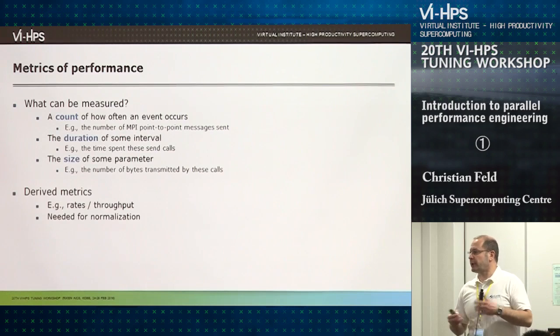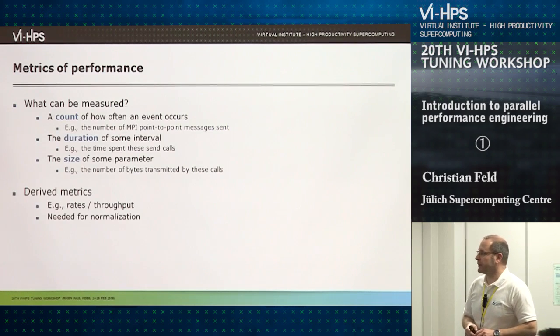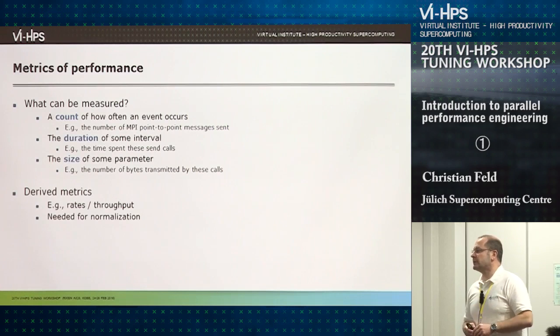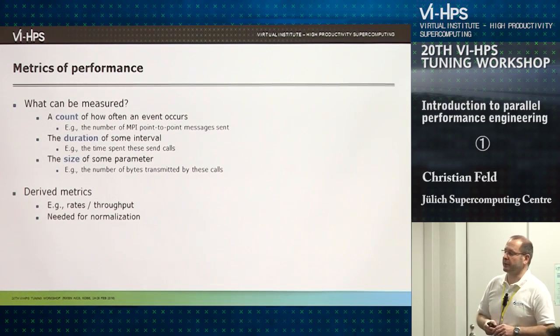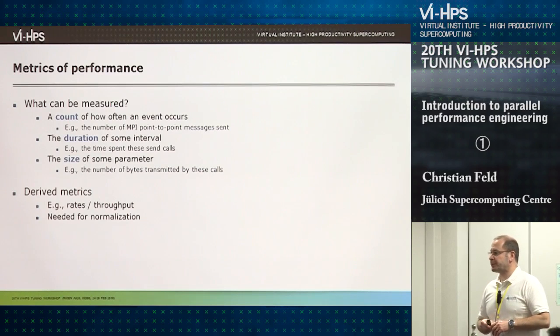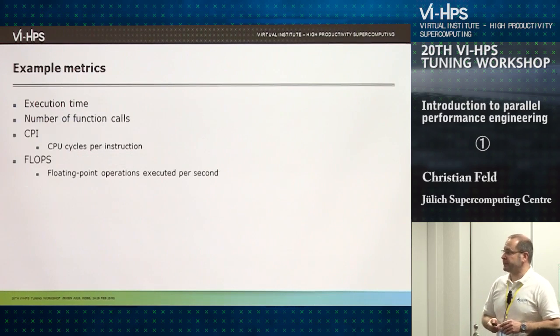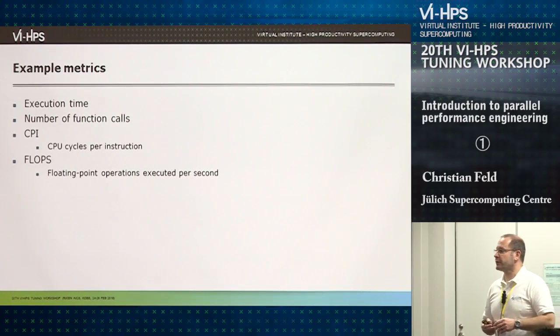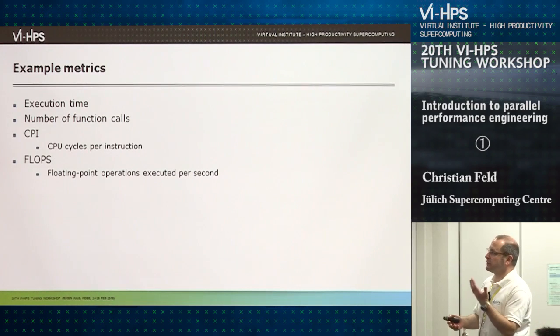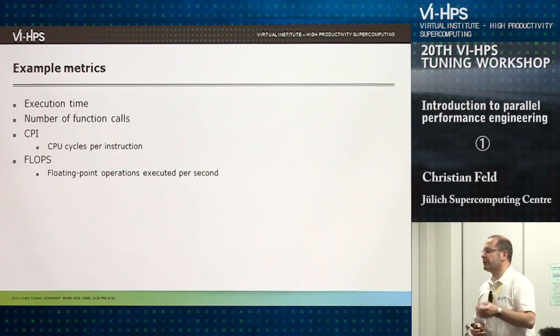From these metrics, we can derive some metrics. We can have some rates or throughput, and this is often needed to normalize the directly measured metrics. Here, for example, I already mentioned some of them. We have the execution time of a function or of a region. We can count how often a function is called.